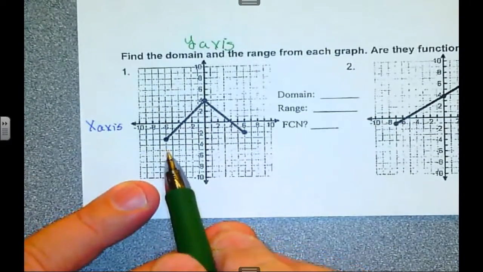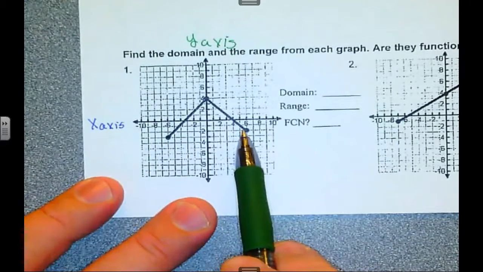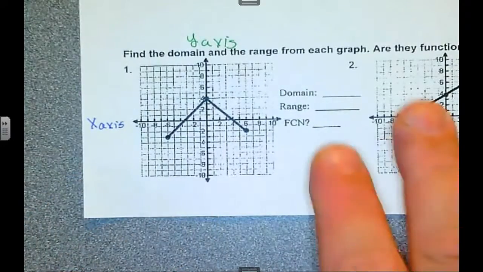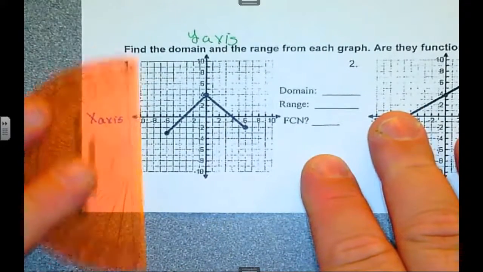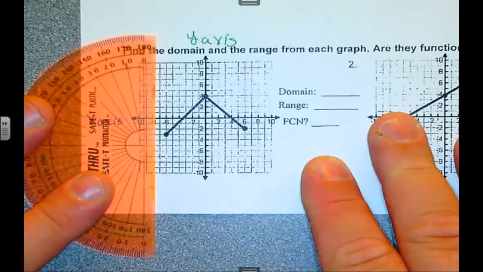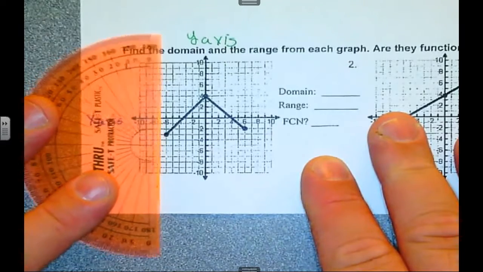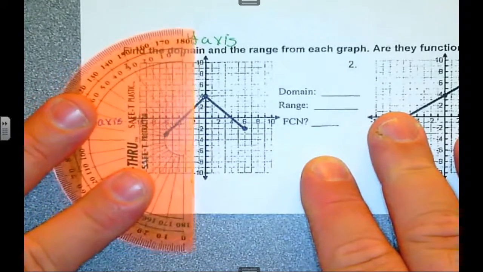Closed circle means that these points are included in my graph. My vertical line test: if a vertical line hits my graph in more than one point, then it is not a function. So, very easily, is this a function?